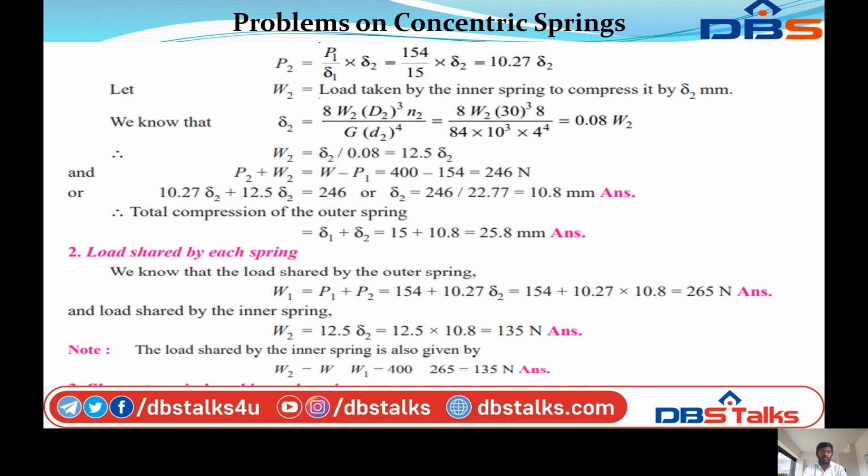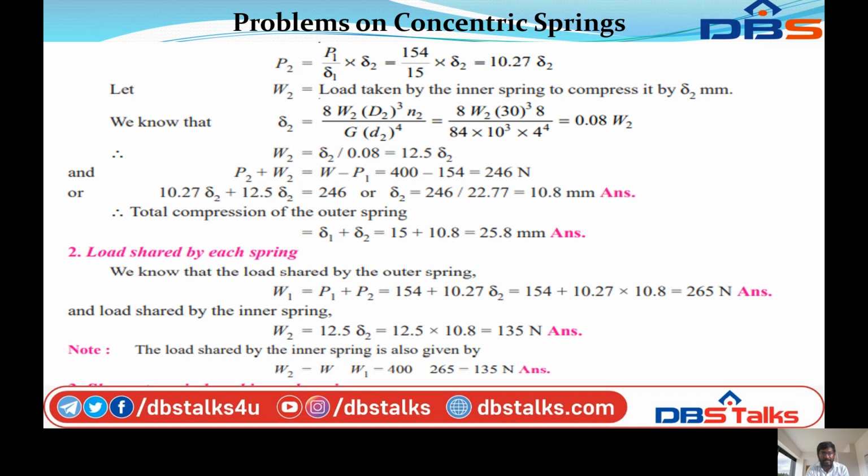We know that delta 2 is equal to 8 into W2 into D2 cube into N2 by G into D2 power 4, that is equal to 8 into W2 into 30 cube into 8 by 84 into 10 cube into 4 power 4, that is equal to 0.08 W2. Therefore, W2 is equal to delta 2 by 0.08, that is equal to 12.5 delta 2.